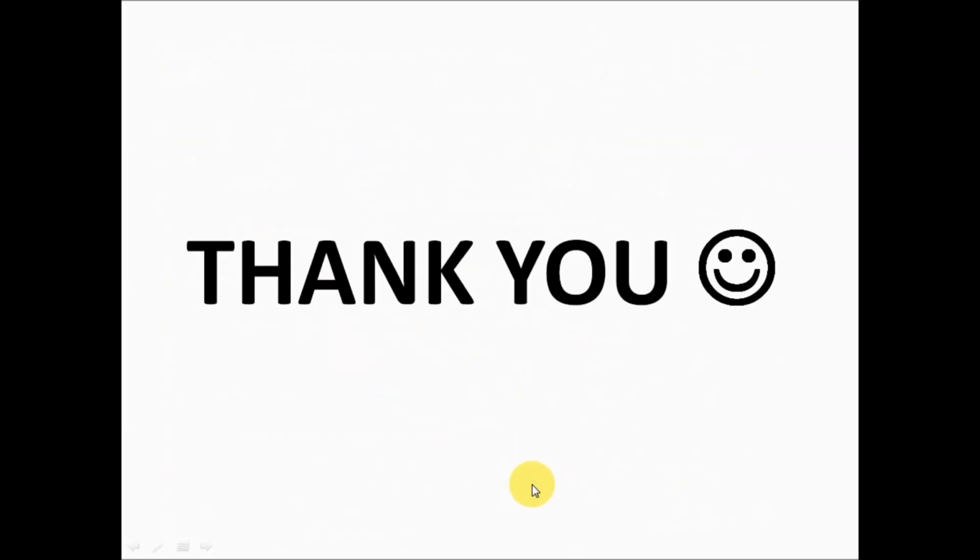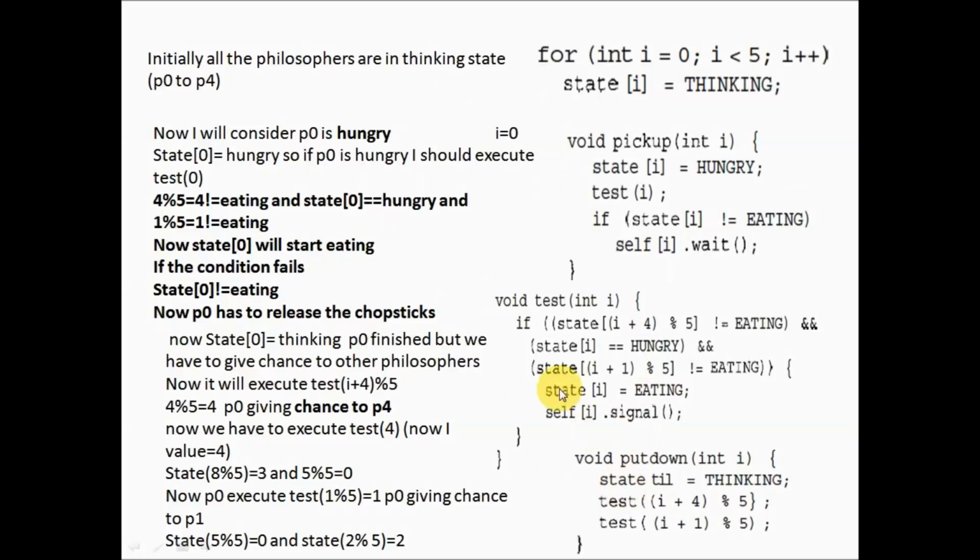I calculated it: 4 plus 4, 8 modulus 5 is 3. Yes, 3 is not eating. Now 4 plus 1 is 5, and 5 modulus 5 is 0. 0 is also not eating.